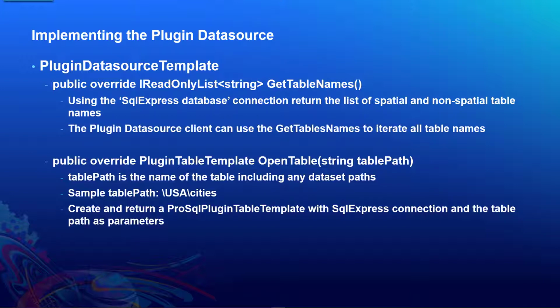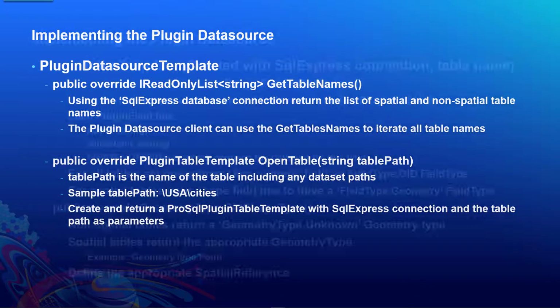So my path would be /USA/cities. Then I have to create and return a ProSqlPluginTableTemplate, and I have to give the SQL Express connection and the database path as parameters so I can perform further processing on that data.